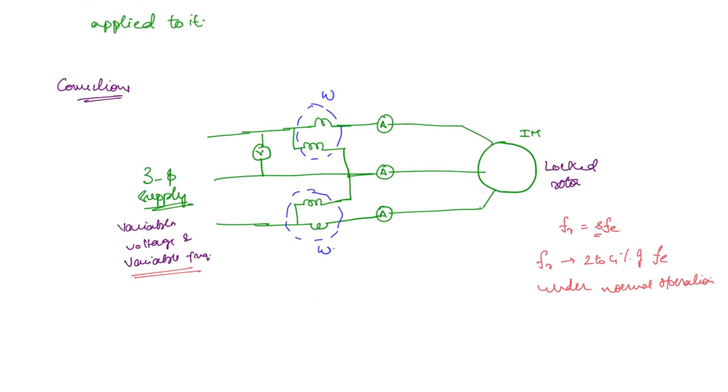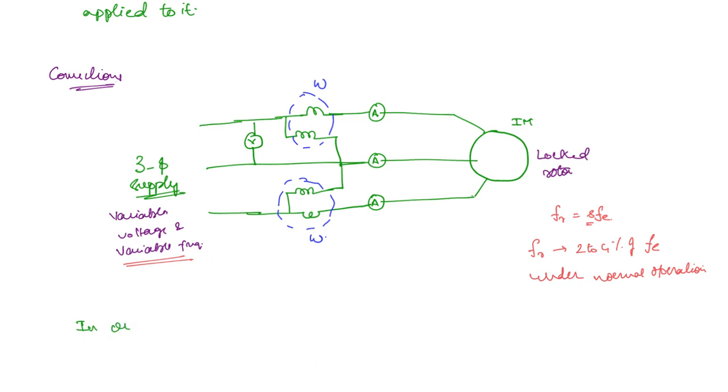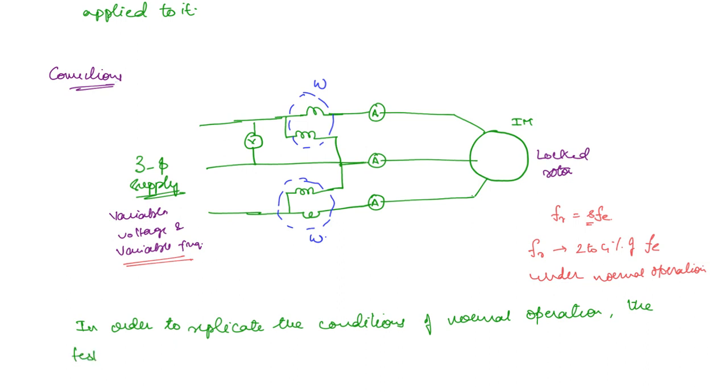Okay, therefore in order to replicate the conditions of normal operation, the test is performed at low frequency, usually of the range of 25% of rated frequency or sometimes even less.